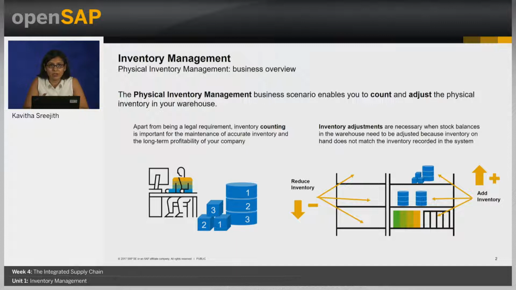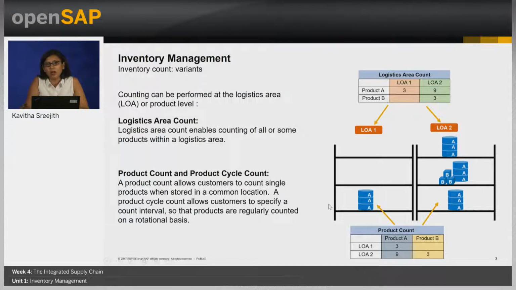In many companies, you may find counting to be a periodic task. There are 2 types of counting supported in the system. Counting can be performed at the logistic area, also known as LOA, or at the product level. The logistic area count enables counting of all or some of the products within a particular logistic area, enabling you to have an overall view on the quantity and products inside the logistic area.